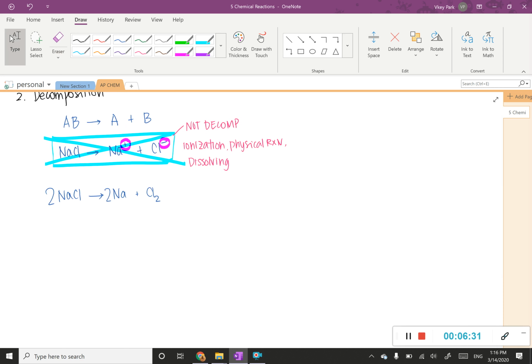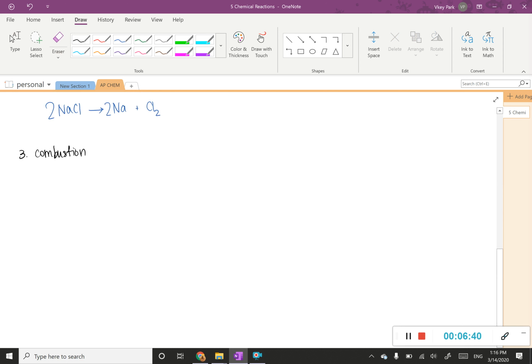Okay, let's continue to number 3. Number 3 is going to be combustion. Combustion is when you create fire. Any hydrocarbon reacting with oxygen, you end up creating some type of carbon molecule and water. If you have excess amounts of oxygen, like unlimited amounts of oxygen, you will end up creating carbon dioxide and water.